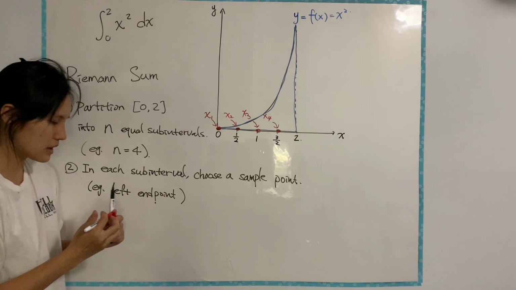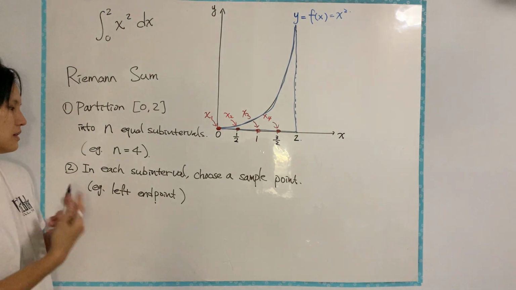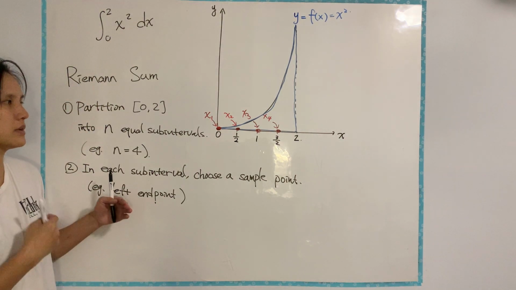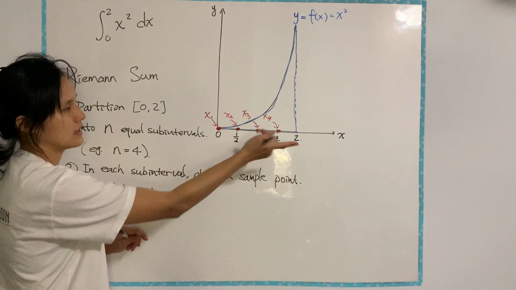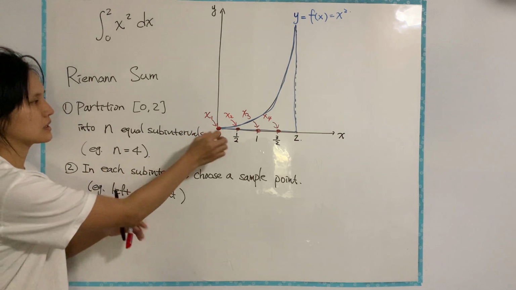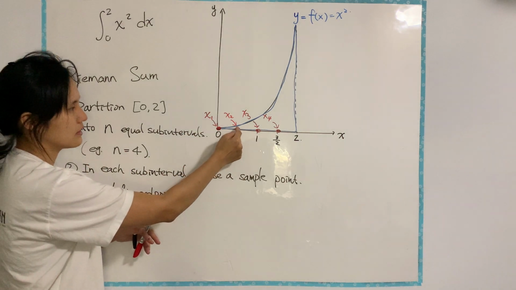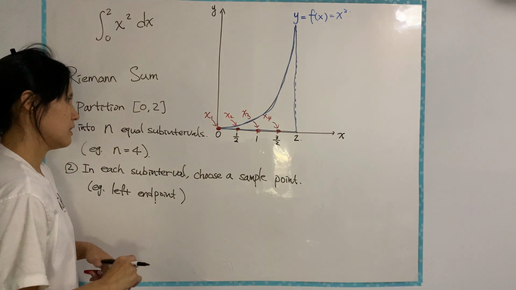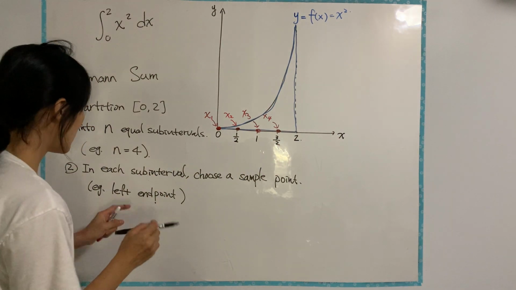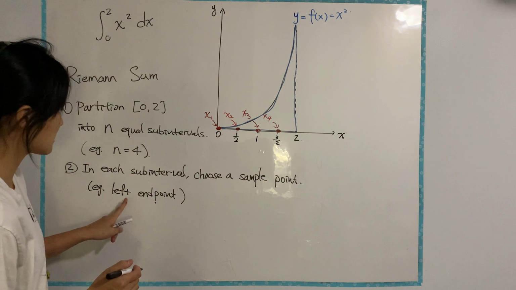Okay, and once again, it does not have to be the left endpoint. It can be the right endpoint. It can be anything. If you want to choose something in the middle, that's fine. Okay, I just want something that's in the interval, and the second point would be something in this interval, and so on. Okay. So then what do we do with these intervals?